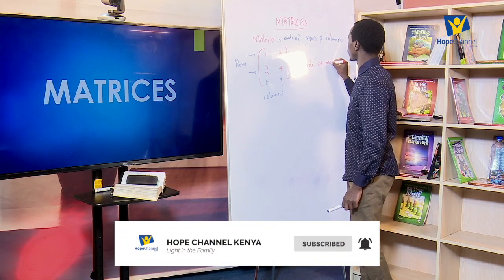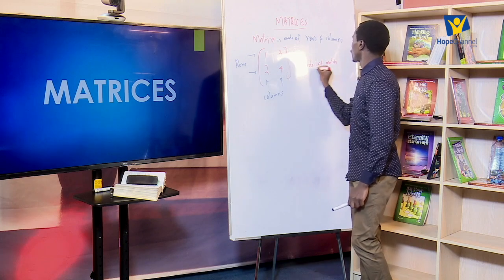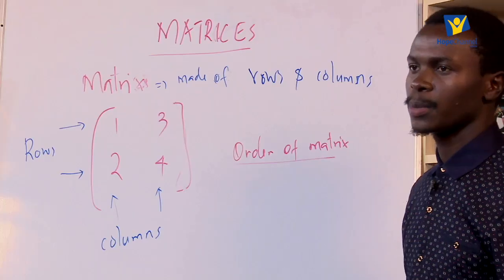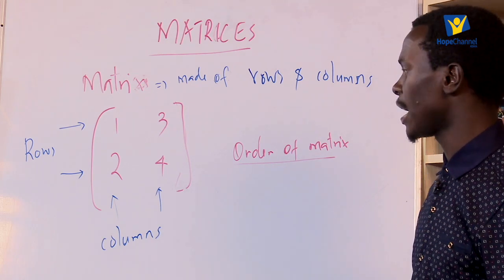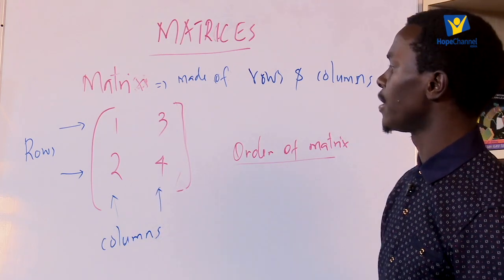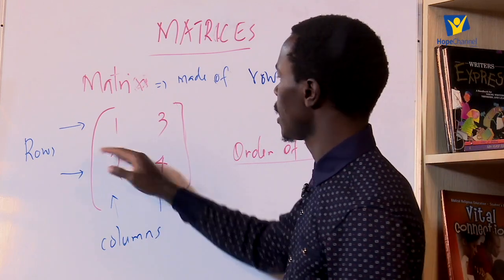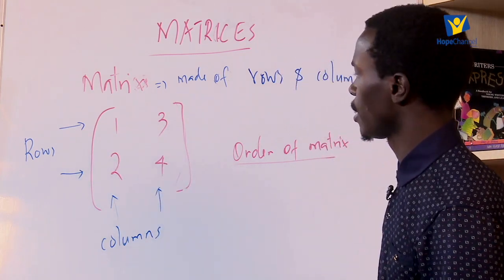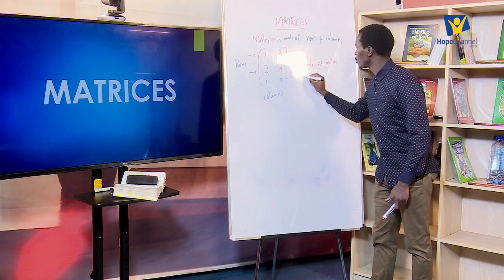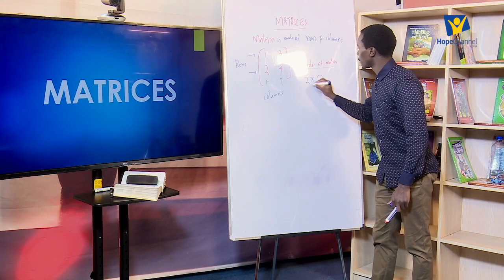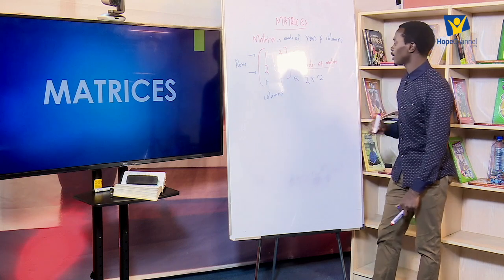When we talk of the order of a matrix, we're talking about the number of rows and columns that matrix has. Take the example I've given. It has 2 rows and 2 columns. So this matrix has an order of 2 by 2.